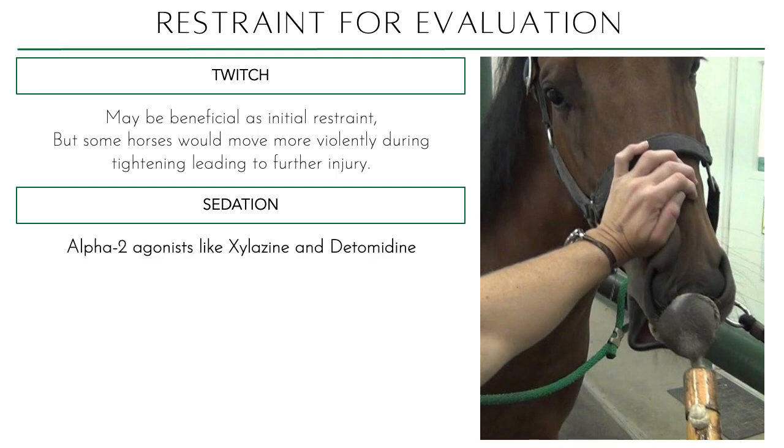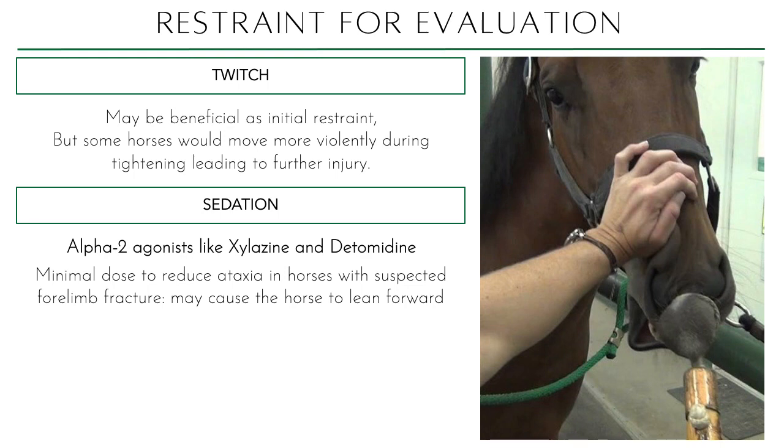Okay? And number two, sedation. Alpha-2 agonists like xylazine and detomidine are the go-to. You can use a minimal dose to reduce ataxia in horses with suspected forelimb fracture. When you use xylazine and detomidine kasi, this usually leads the horse to shift the weight more into the forelimbs, so it will cause the horse to lean forward.